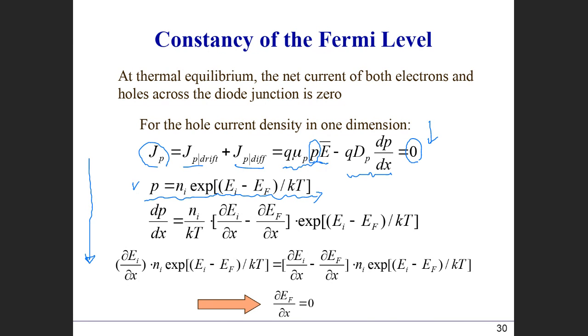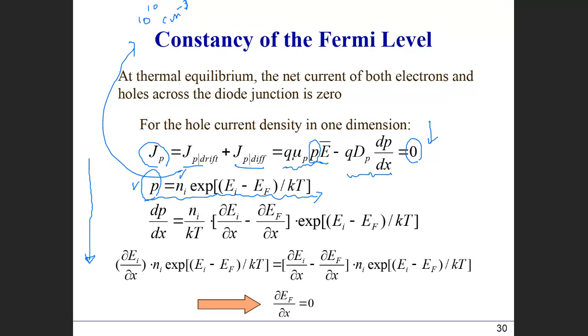So as you can see in here, the hole number p equals ni, which represents the intrinsic carrier concentration. For silicon, ni is typically around 10^10 per cubic centimeter.